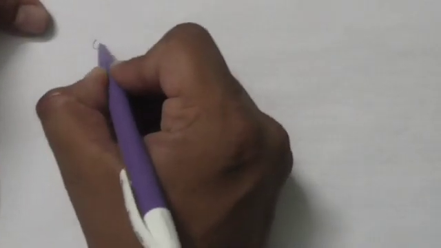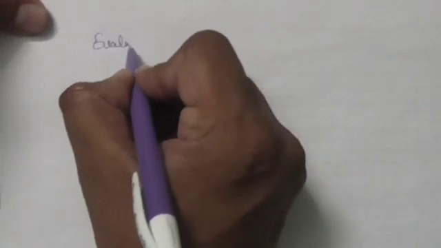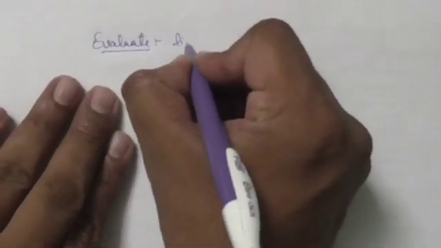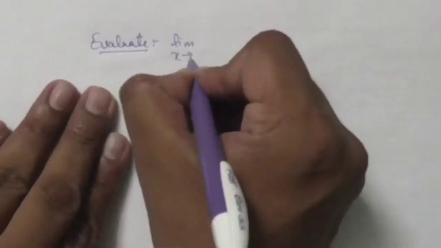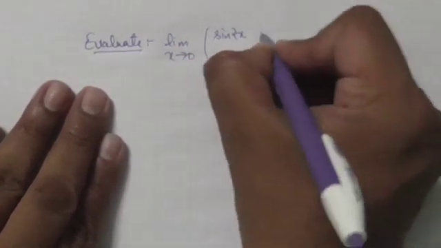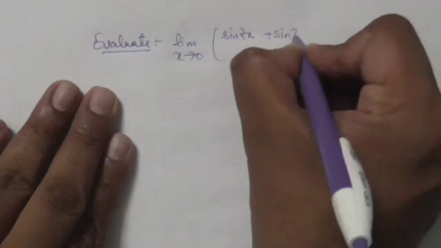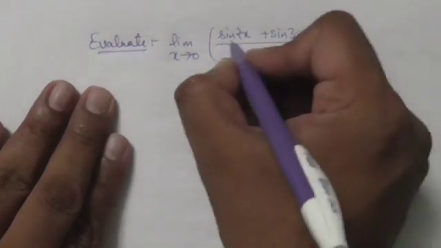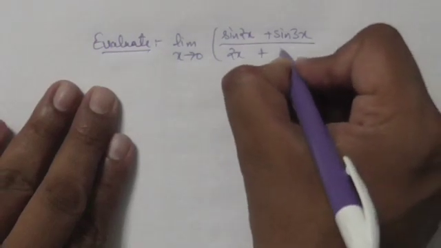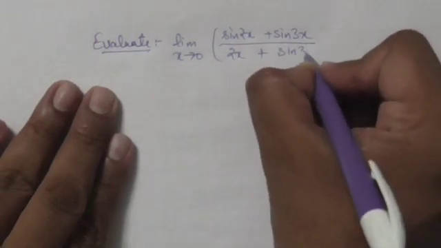In this question, we have to evaluate limit x tends to 0 sine 2x plus sine 3x upon 2x plus sine 3x.